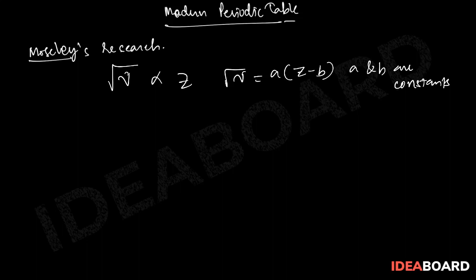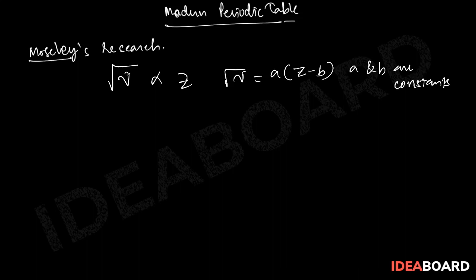Basically, Moseley was studying X-ray diffraction. He found that the property of the element, that is the square root of the frequency of the X-ray diffracted, varied with a property other than the atomic mass.